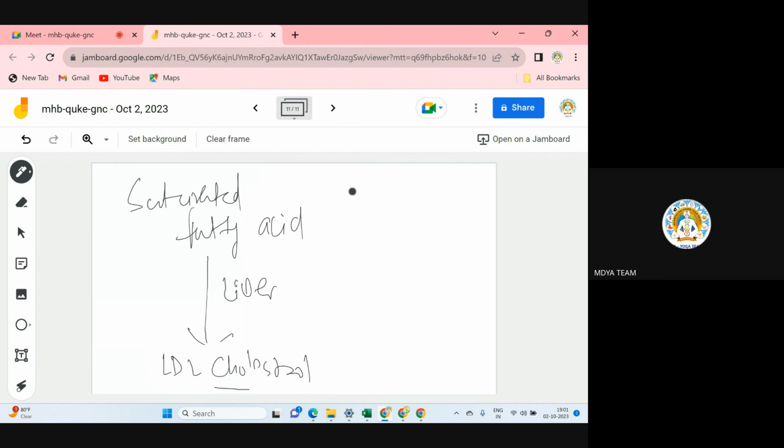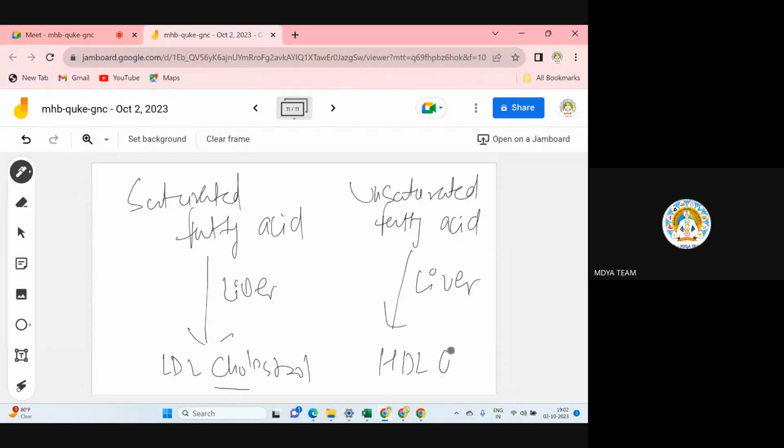If we are taking unsaturated fatty acid, then this liver will produce HDL cholesterol. It will not block our artery, or it will try to clear those arteries.